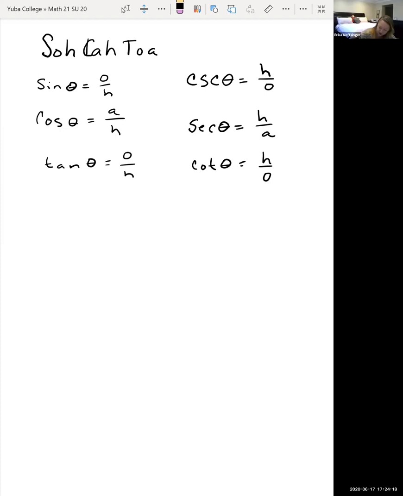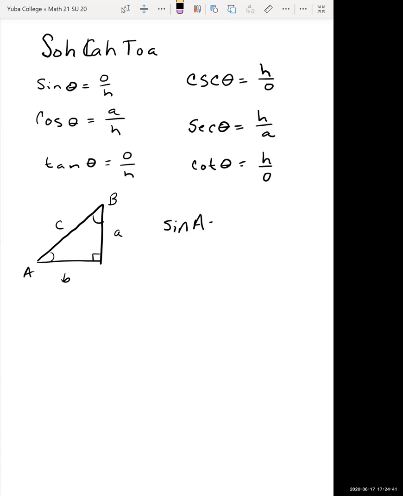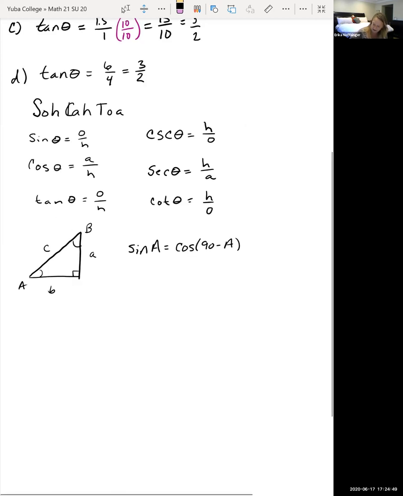So if we had a triangle here, technically we would have that sine of angle A is equal to cosine of 90 minus A, which is the same thing as cosine of B.